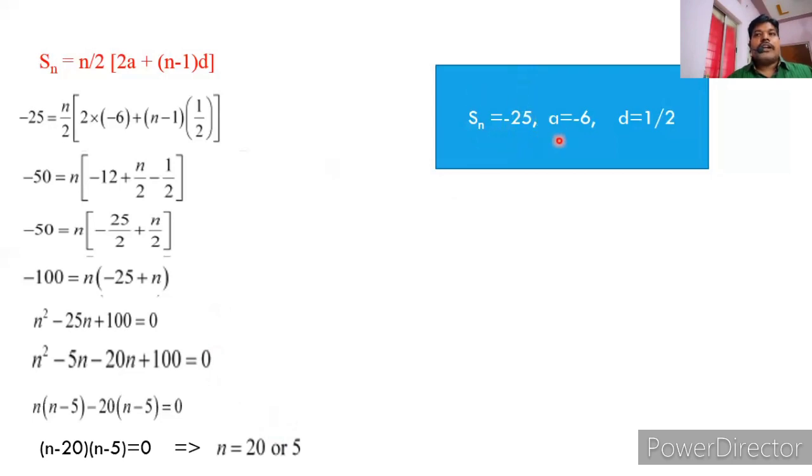They have given the sequence, and after giving the sequence, they have given one more condition: if the sum is minus 25, how many terms are added? That is the n value. If you add the first 5 terms, you will get minus 25, and also adding the first 20 terms, once again you will get minus 25. Two times you will get minus 25 in the sequence.